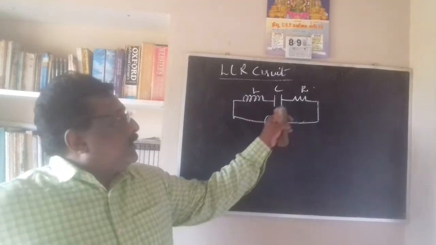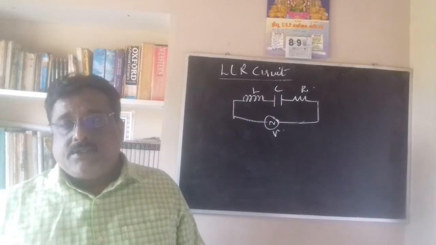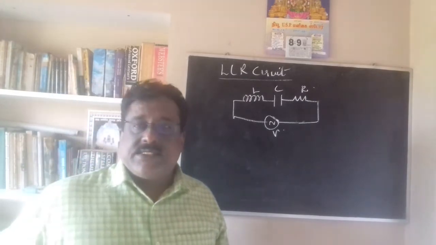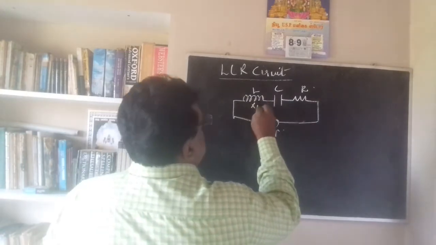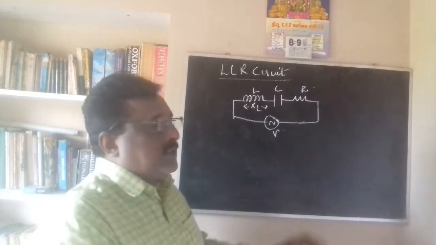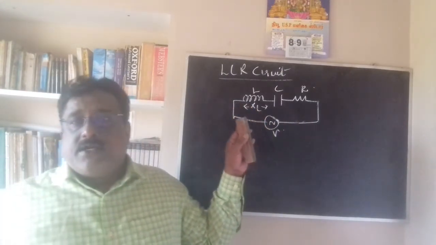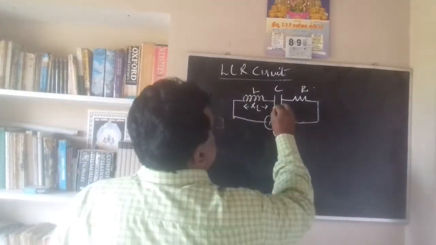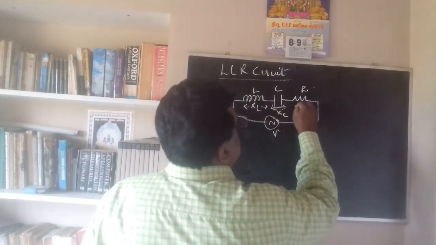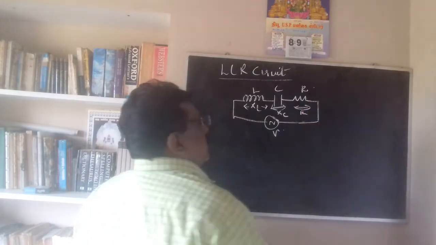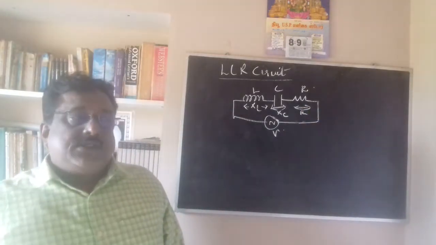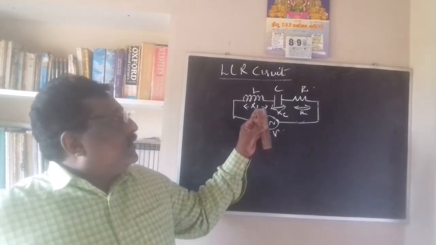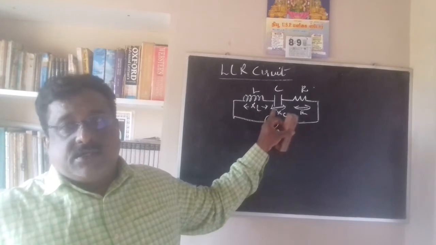Also, the inductance gives an opposing force to the flow of current, and that resistance given by an inductor is called inductive reactance, X suffix L. The capacitance also gives an opposing force, called capacitive reactance, X suffix C. The resistance given by the resistor is simply R. So here you get the opposing forces as inductive reactance, capacitive reactance and resistance.